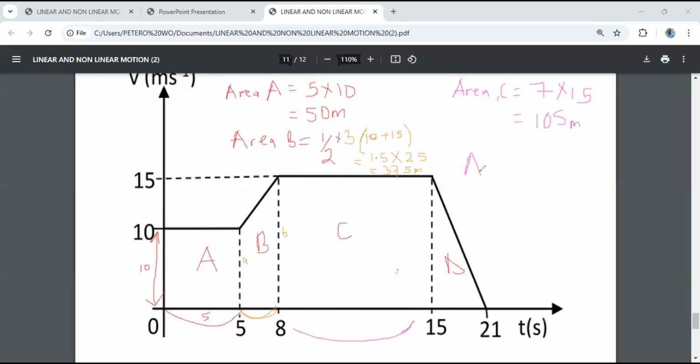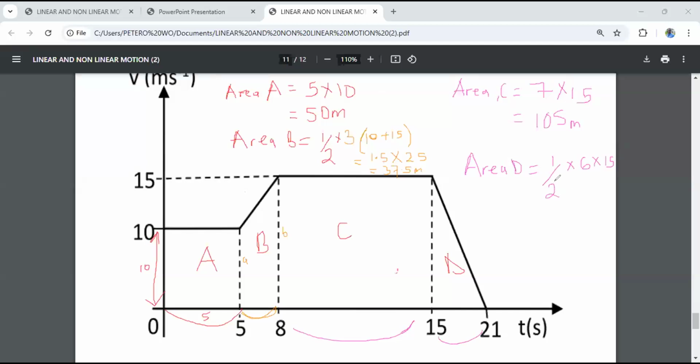Then lastly, area D. Area D is a triangle, and that triangle has a base, which is the difference between 15 and 21, which is 6, and the height is 15.